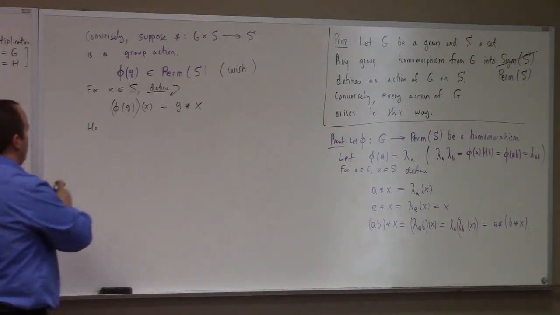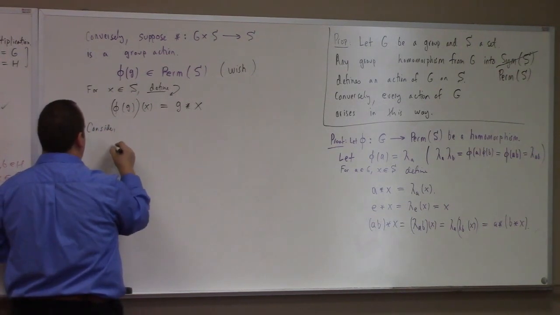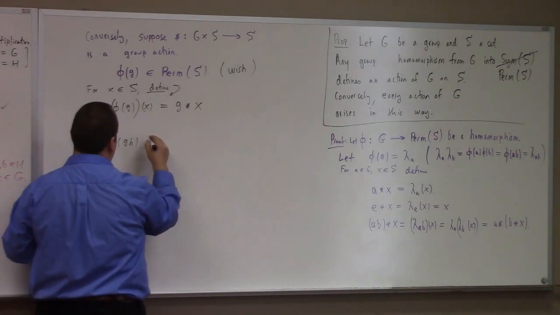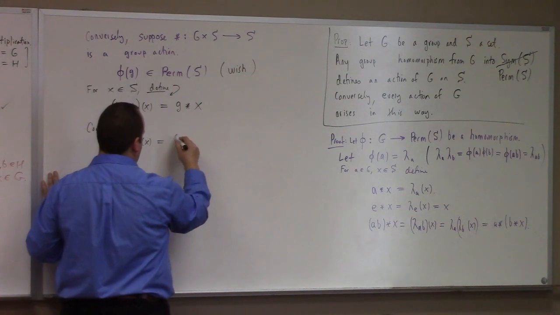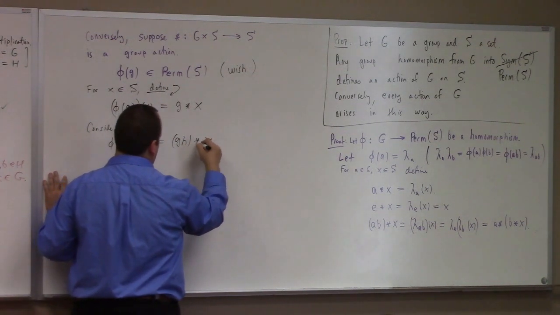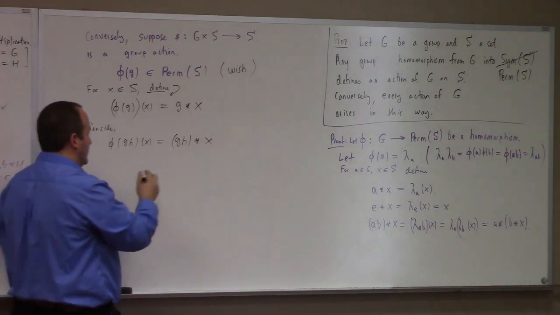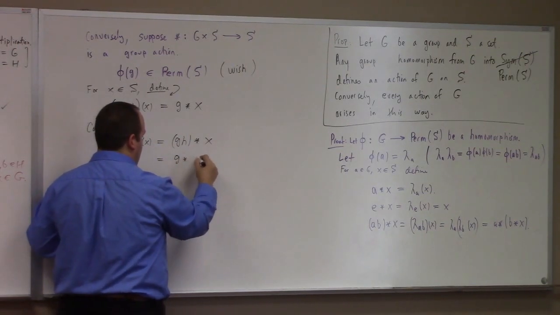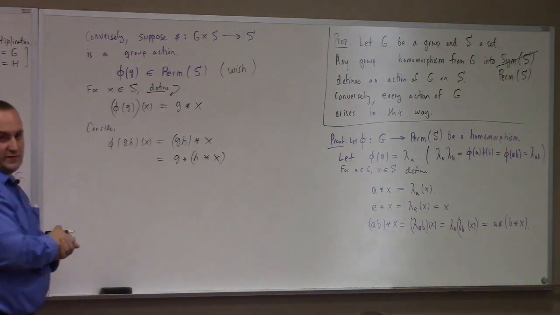So what would it, if we had, let's see what we can get here though. If we have phi of G times H, what would that be? That would be GH star X, right? And then I can use the axiom 1 of the group action that I wrote. So this is G star H star X, right? Which would be what?